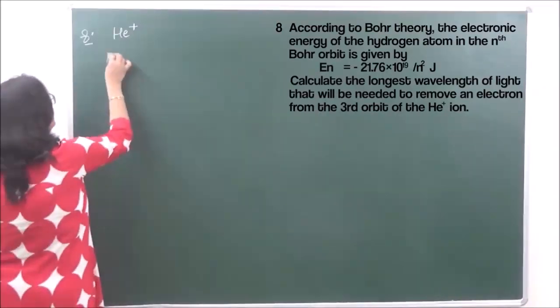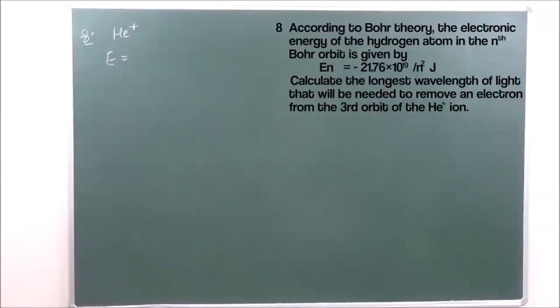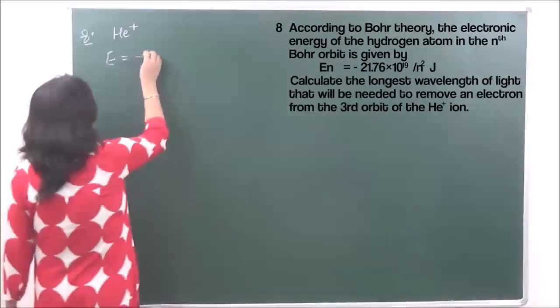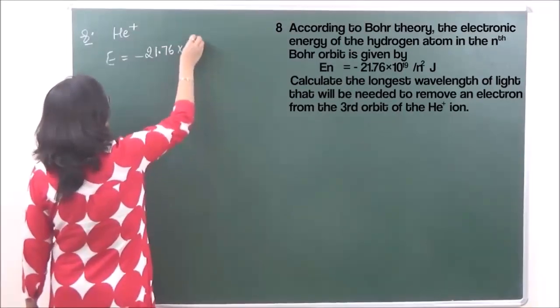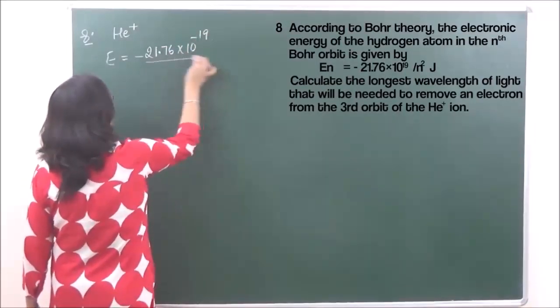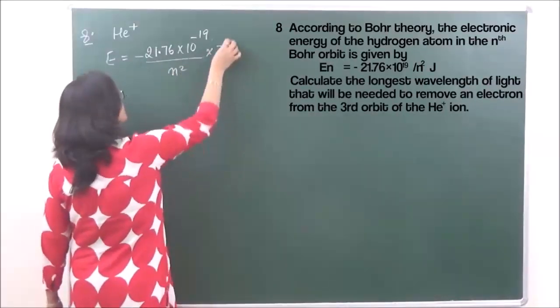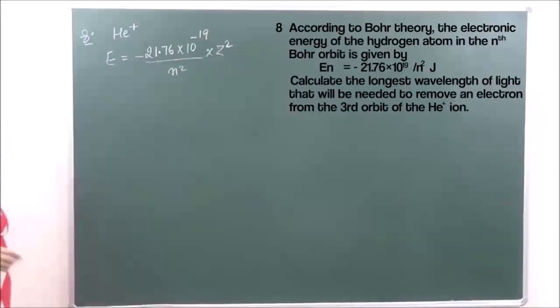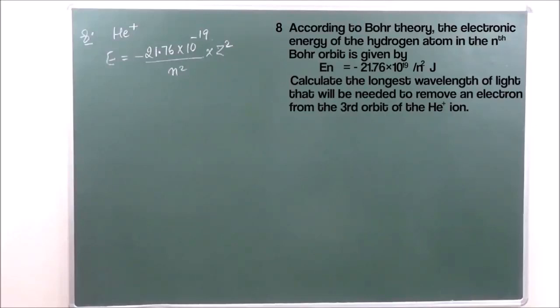So E will become equal to what? What is the value of energy given to us? Minus 21.76 into 10 raised to power minus 19 upon n square into z square. Okay, let's put the values. n over here they have given us third orbit.